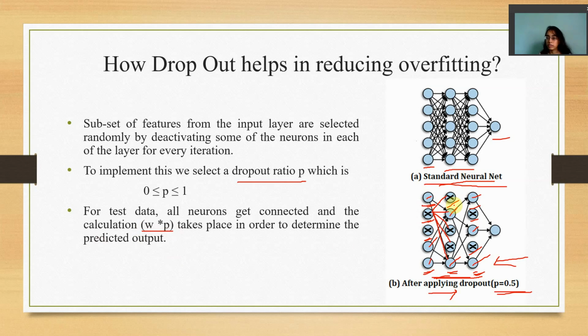Now as you can see, I have eliminated some of the neurons in each of the iterations and I am selecting a subset of features, so the neural network is getting trained properly, but not too perfectly, because I am eliminating some of the features and not allowing the neural network to train a certain feature over and over again, which would cause the overfitting problem.